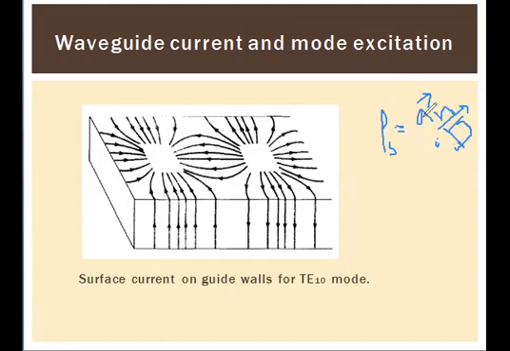So we can write D equal to epsilon E, that is a_n dot epsilon E, where E is the electric field intensity evaluated on the guide wall. Here in this figure, the surface current on guide walls for TE10 mode is shown.